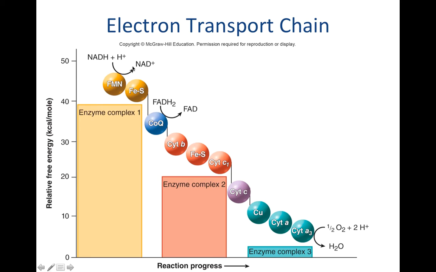And every time you move electrons from one electron carrier to another, you end up releasing energy. And so you can see the relative free energy is going down as you are handing these electrons off to subsequent carriers. So energy moves down as you progress in the reaction and you move down these carriers.